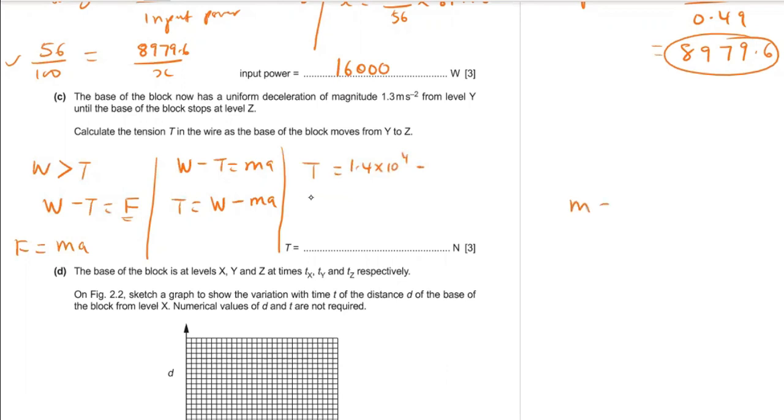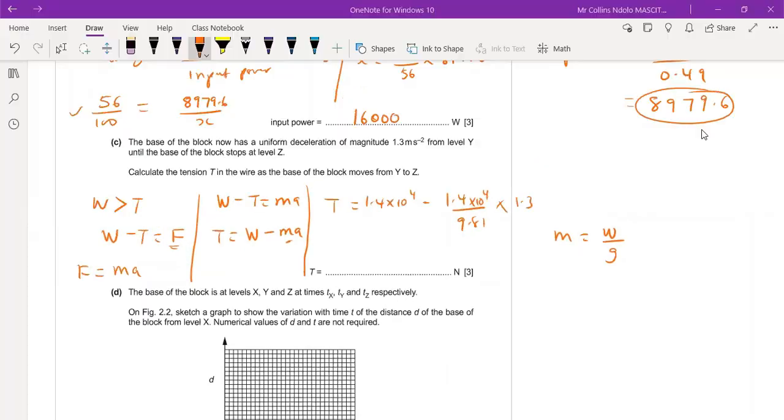Remember, once again, mass M is given by W over g, and W is 1.4 times 10 power 4. To find M, we divide by 9.81. We multiply with the acceleration, which is 1.3. That gives 1.2 times 10 power 4 newtons.